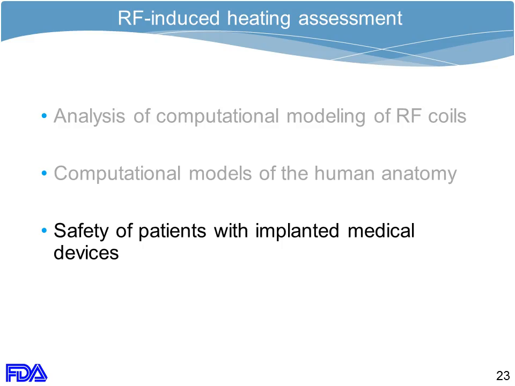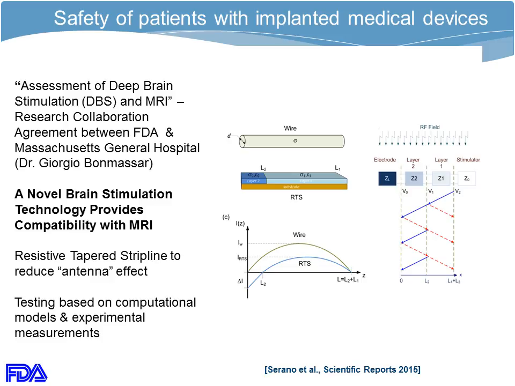Another aspect is what about different technologies? So this was a study again done with Mass General. It asked, what happens when the design of the device changes? We, as the FDA, don't develop devices.